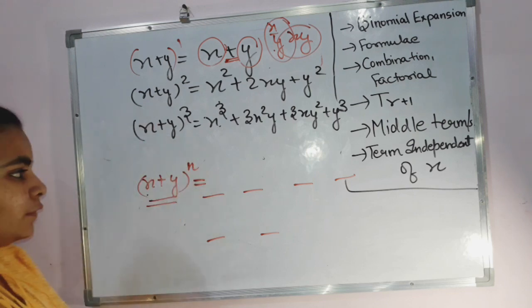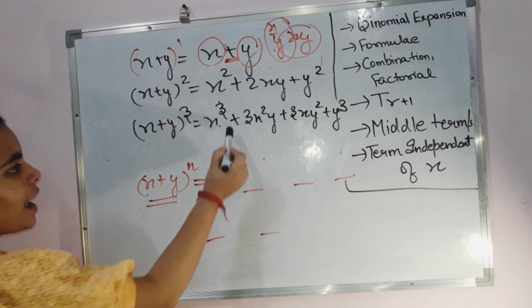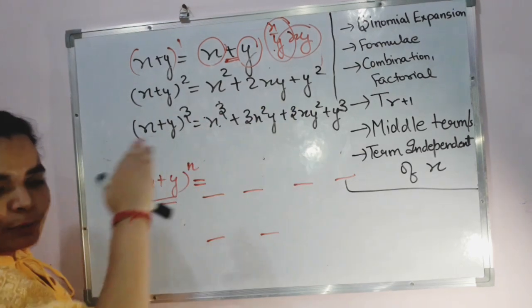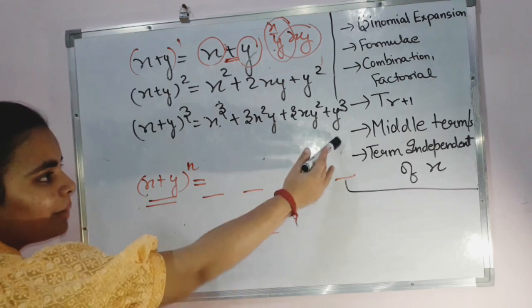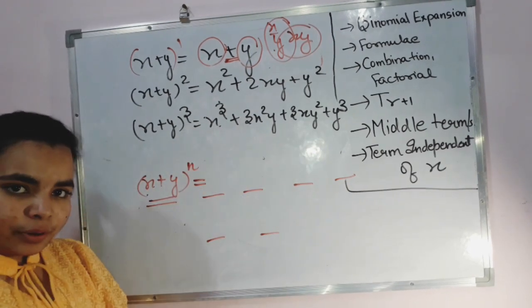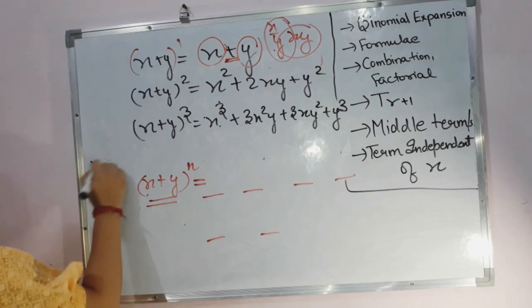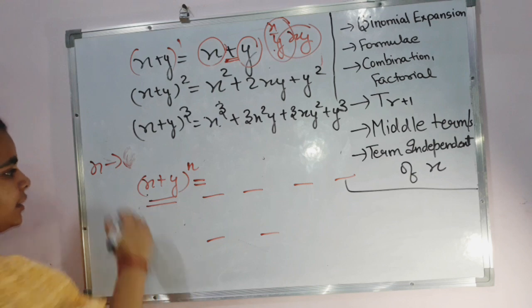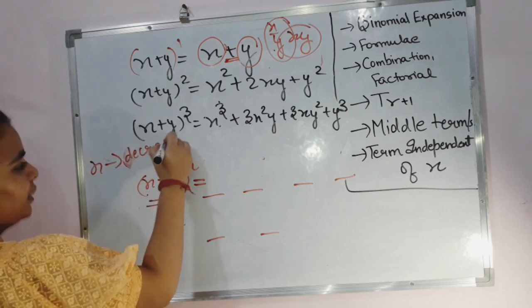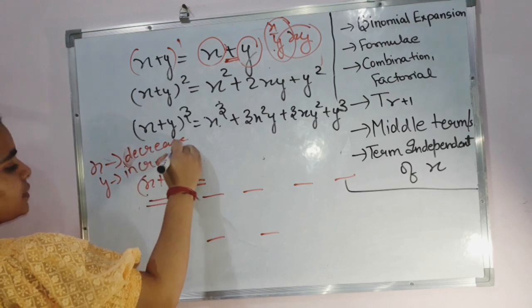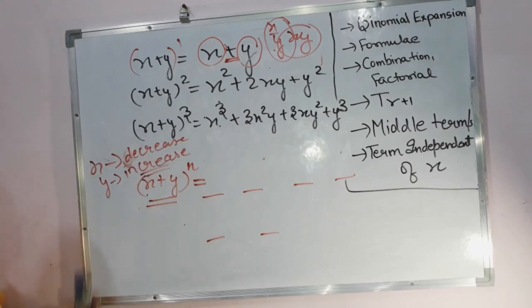So we have observed another thing: x powers are going to decrease as you move from left to right, and y powers are going to increase as you move from left to right. Is x power increasing or decreasing? Decreasing. So x power will decrease and y's power will increase.